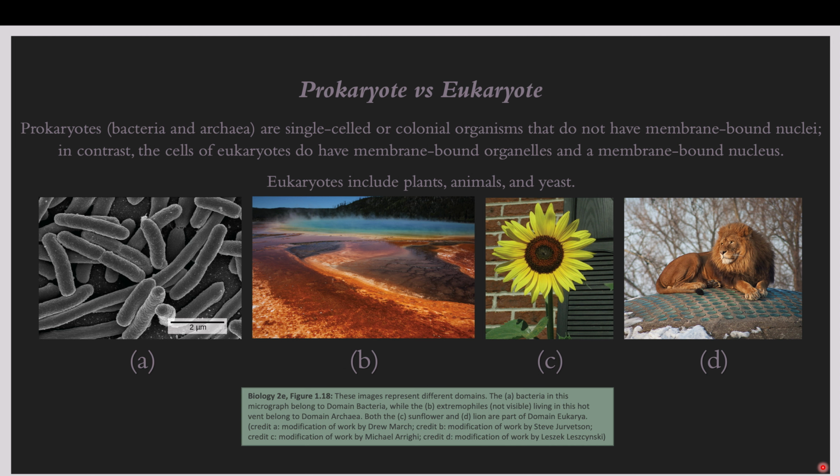In contrast to that, the cells of eukaryotes, which would be on this end of the spectrum here, so plants and animals, do have membrane-bound organelles and a membrane-bound nucleus as well. Eukaryotes include things like plants, animals, and yeast and fungi.